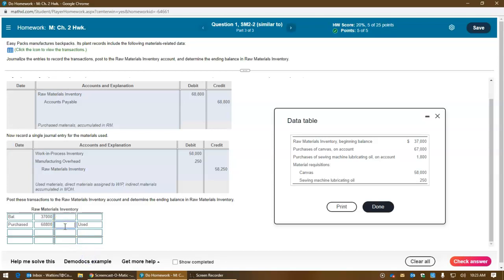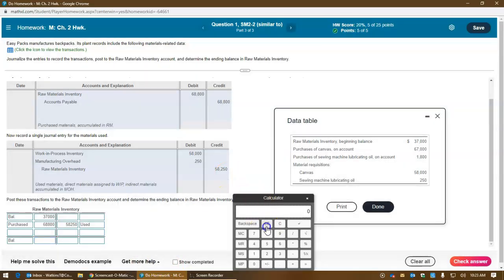Raw materials that were used, that's the canvas and the oil, and your ending balance, which comes out to be 47,550.